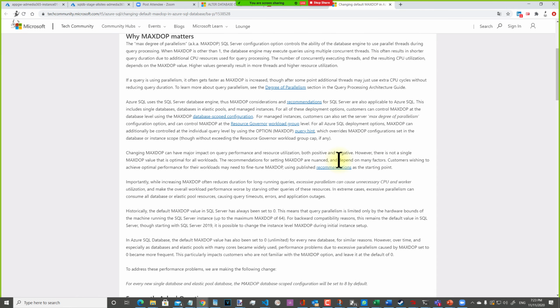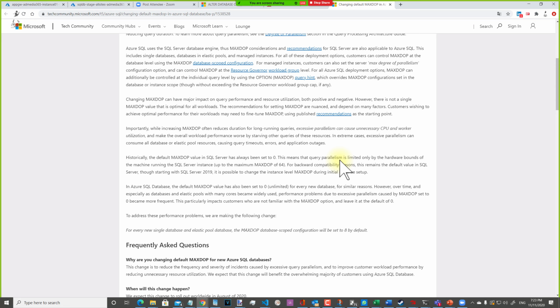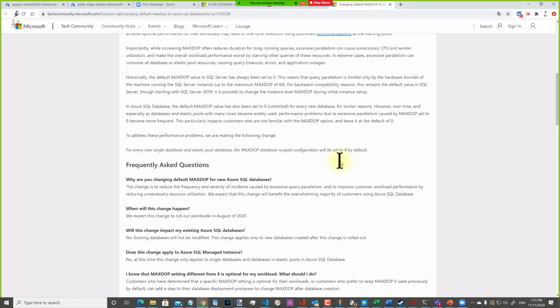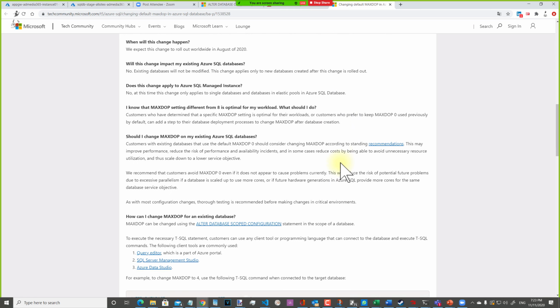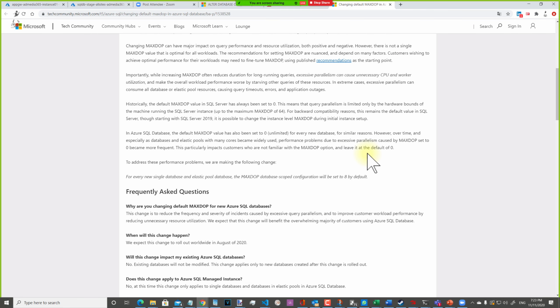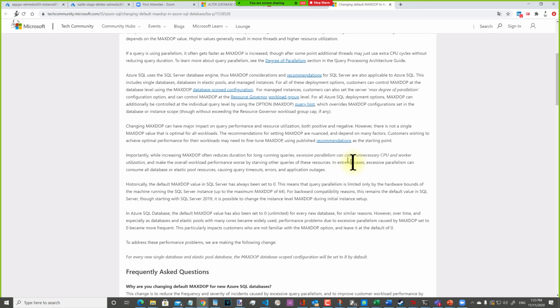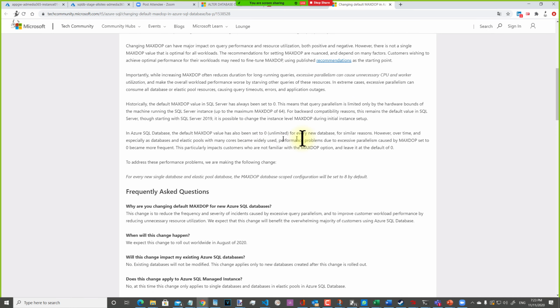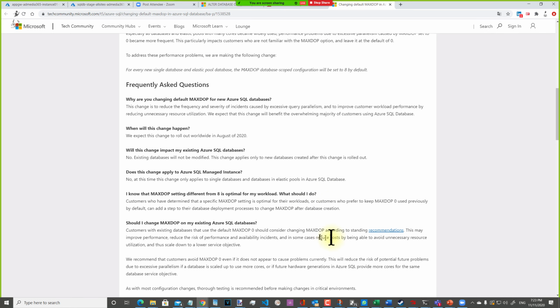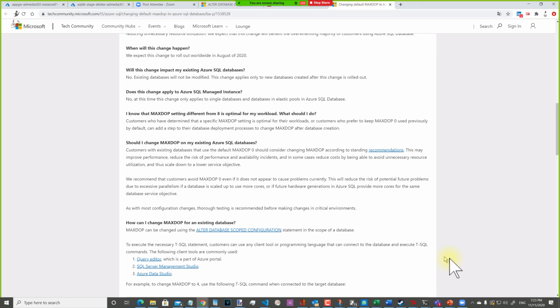Please read carefully, understand, and use it. And do not use 1, 2, 3, etc., because for the database, again, Microsoft says to use MAXDOP with 8 or 0.